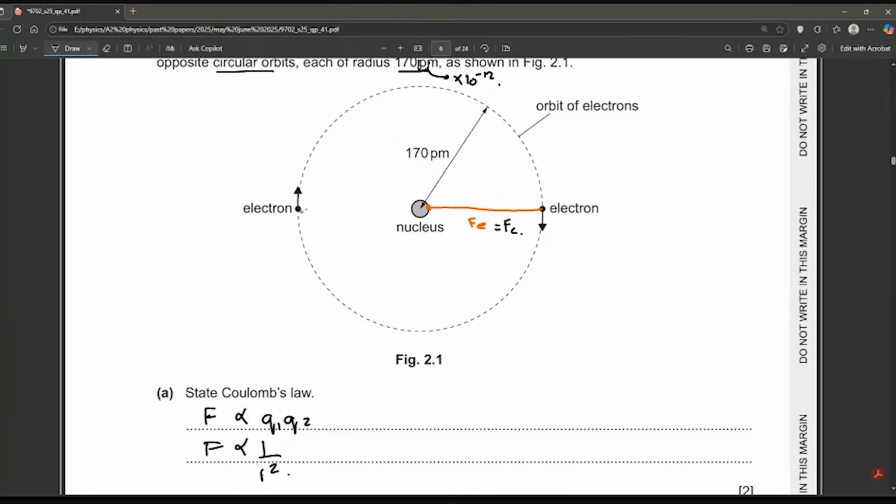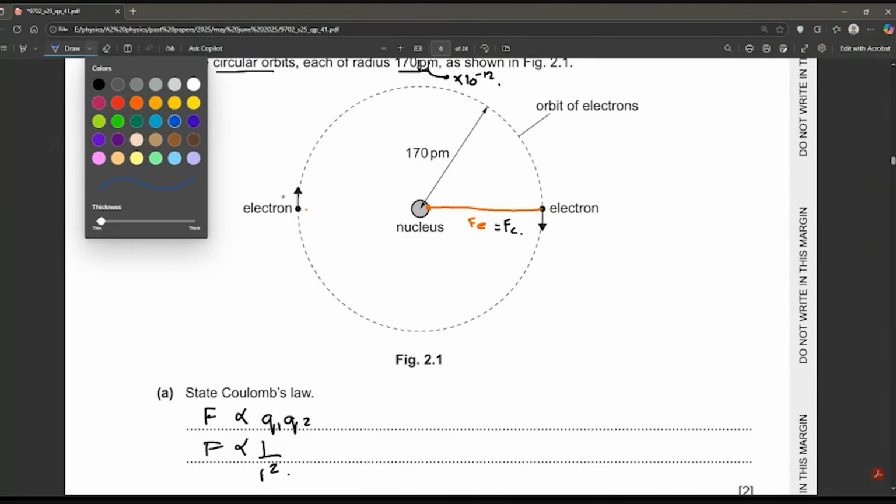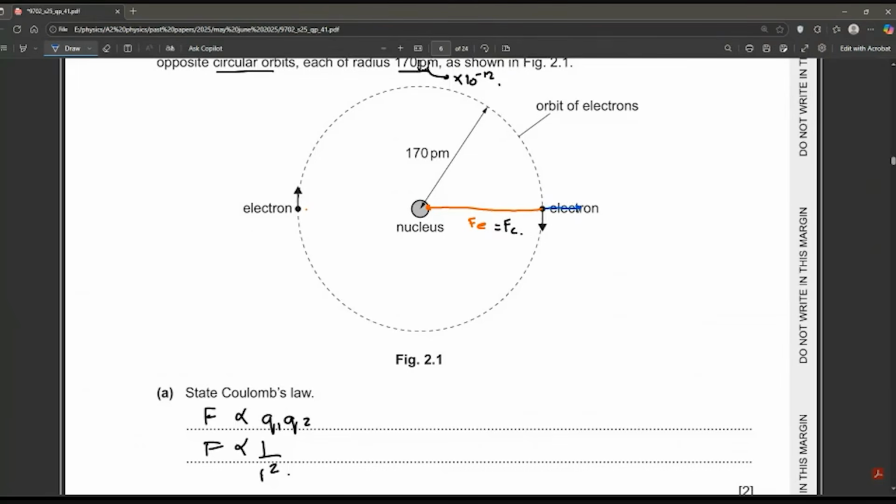However, when this electron comes into motion, and we consider the effect of the other electron, there will be a repulsive force on this electron like this. This will reduce the overall resultant force or the overall centripetal force. What is the formula of centripetal force? mv square over r. If the centripetal force decreases, the velocity will decrease.